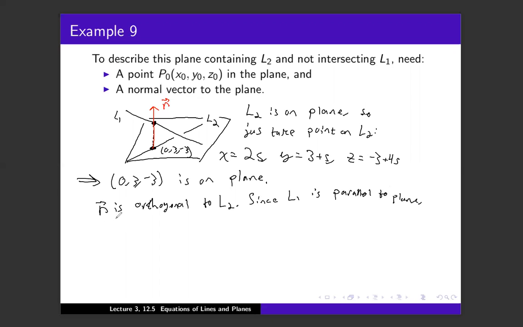You can think about the direction vector being actually inside the plane, so n is also going to be orthogonal to L1. Now, just to remind ourselves, L1 is given by x is 1 plus t, y is -2 plus 3t, and z is 4 minus t.